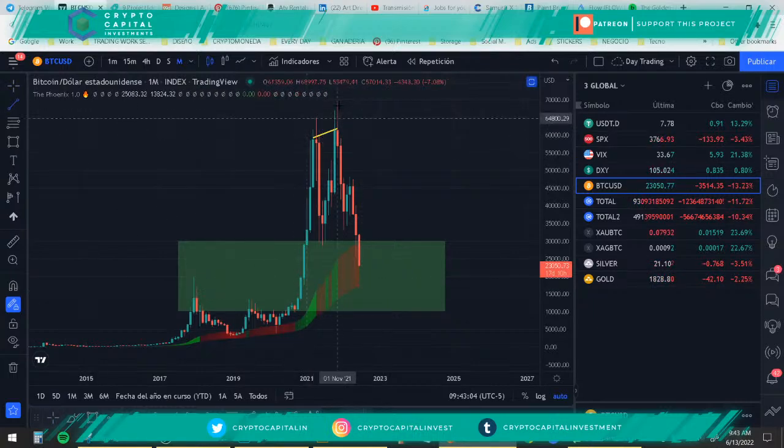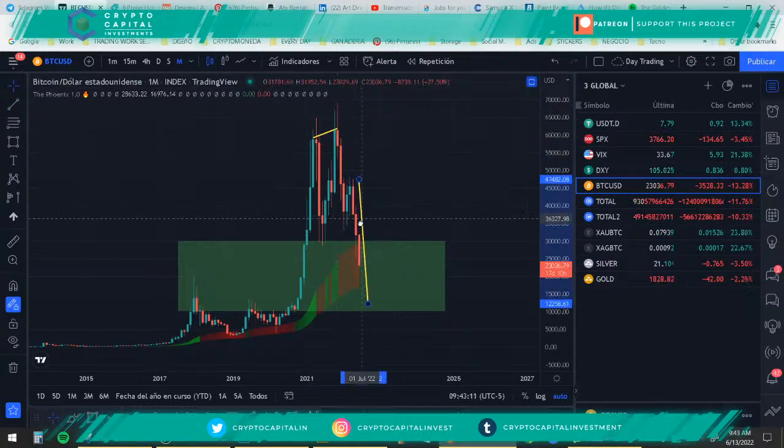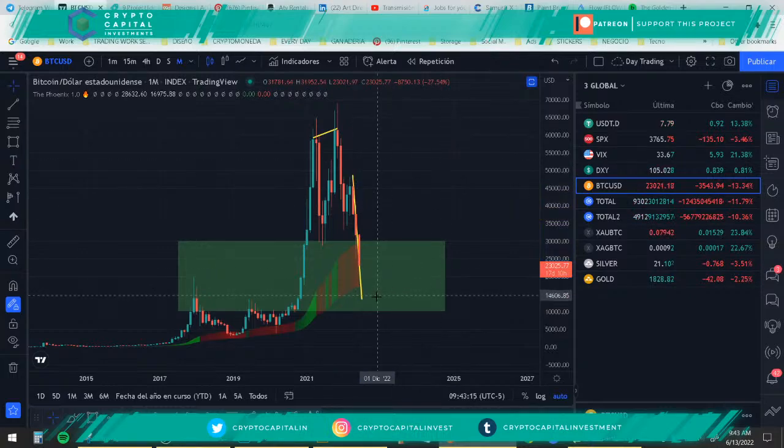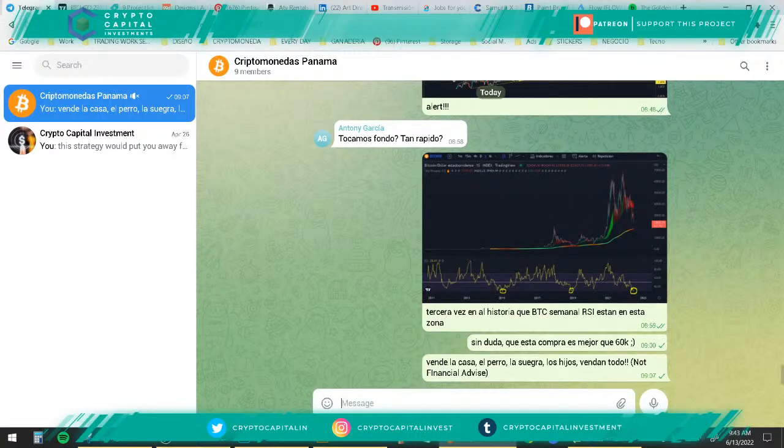Now here's another pattern. Technically there's a pattern here that's going to copy this one, which is fine. Everything inside this box is a winning strategy. Right now you are a winner if you are still in the market. 23k, look at that. It's just beautiful.